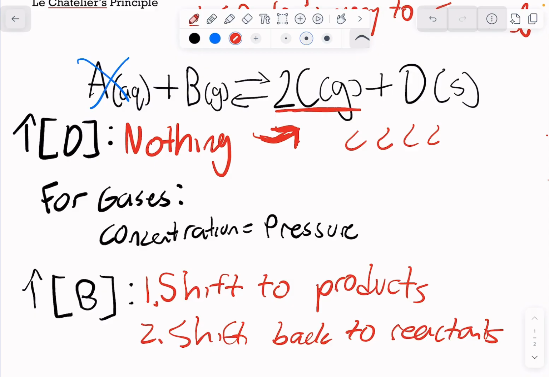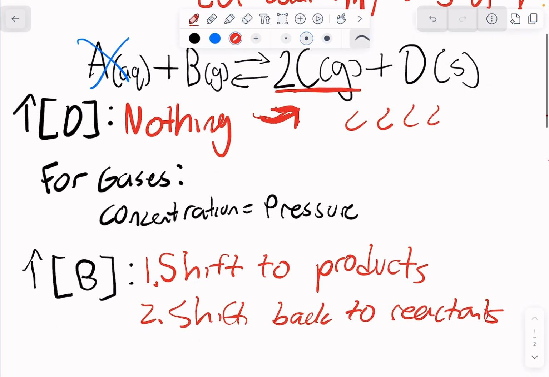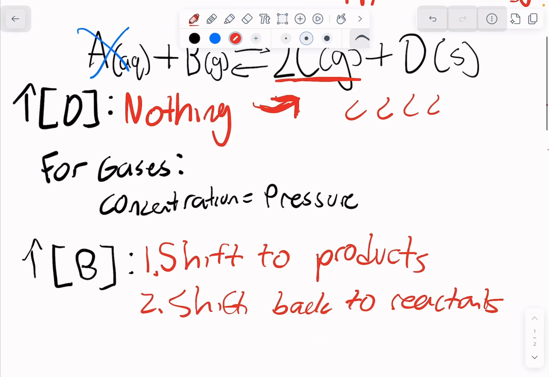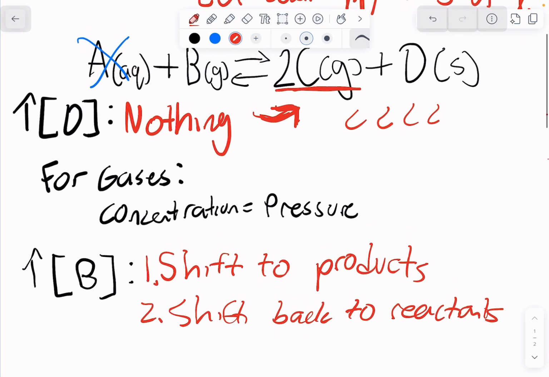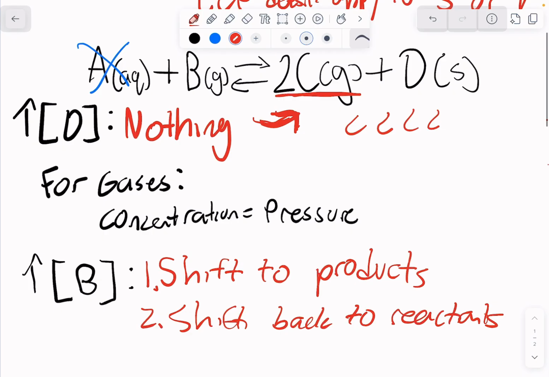By shifting to the products initially, we end up creating so many moles of whatever gas C is, and that just causes excess pressure. And what does the system want to do? It wants to make up for that excess pressure by favoring the side of the reaction that yields less gas molecules. In this case, it would be B.